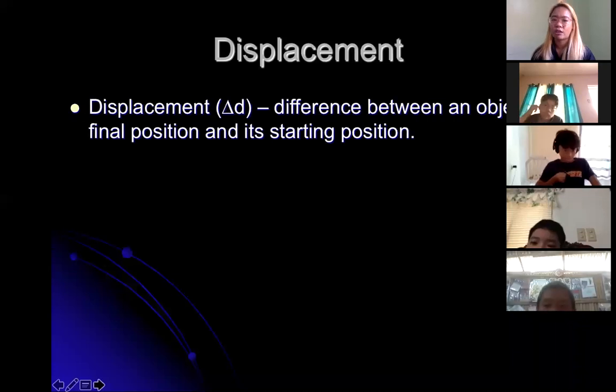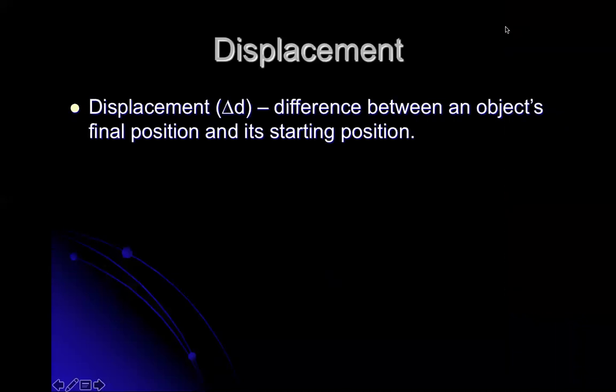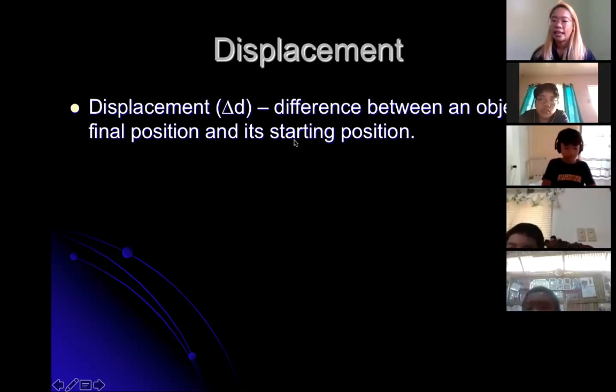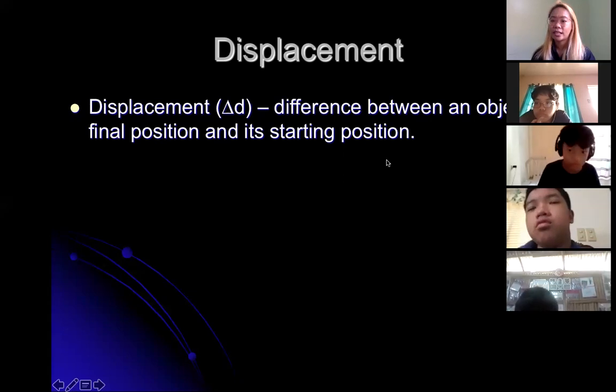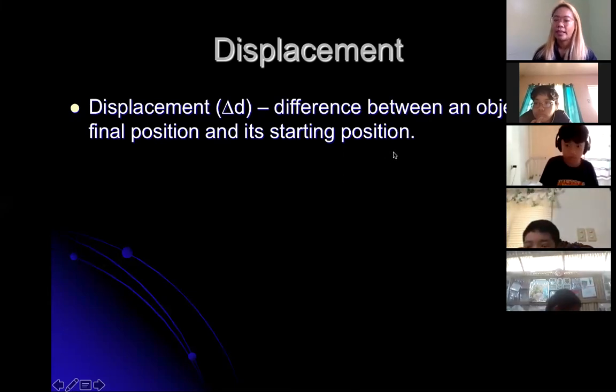So by definition, displacement is the distance between an object's final position and its starting position. So earlier on, what you were doing is just adding up the distance traveled by the ant. But this time for displacement, it says here that it's the difference.